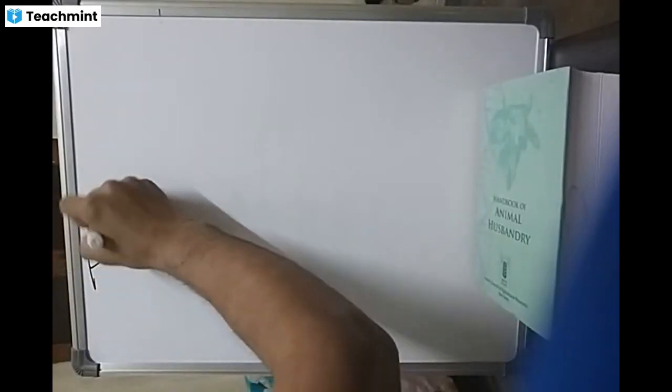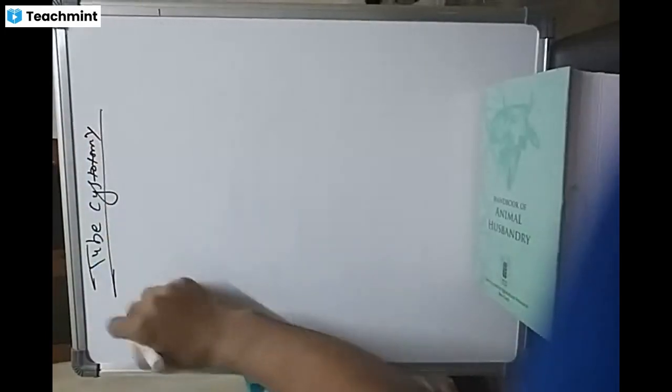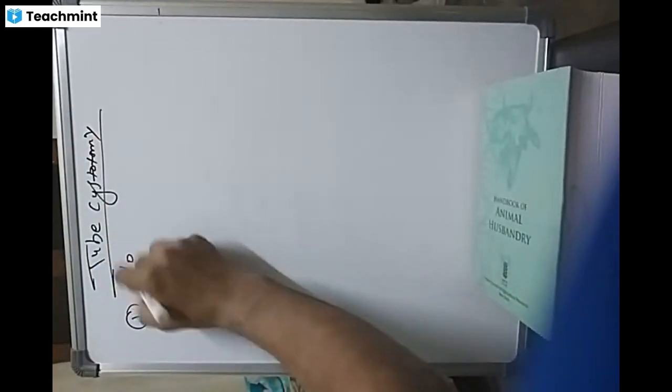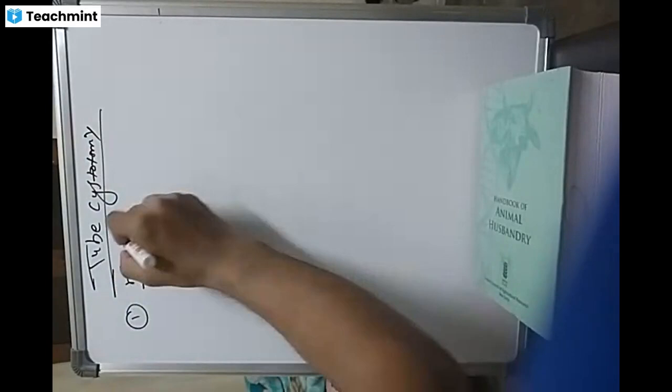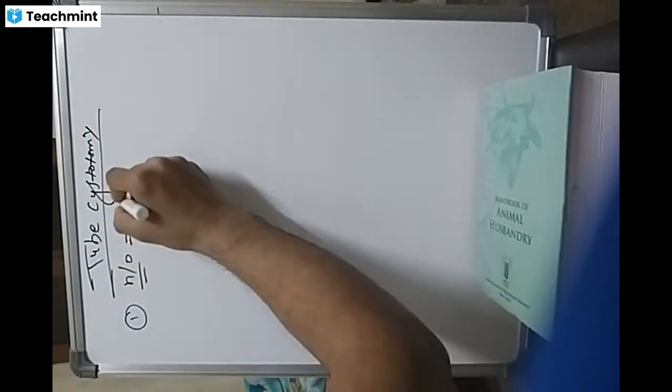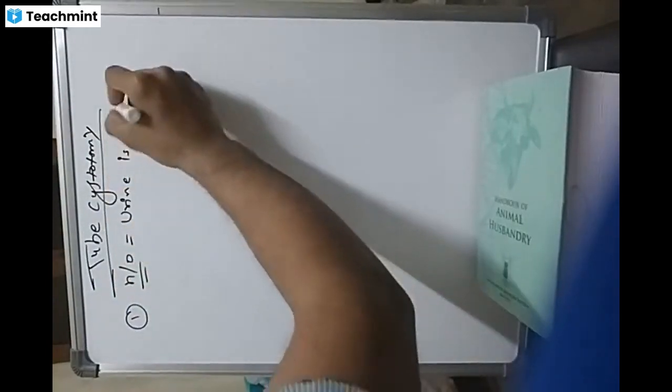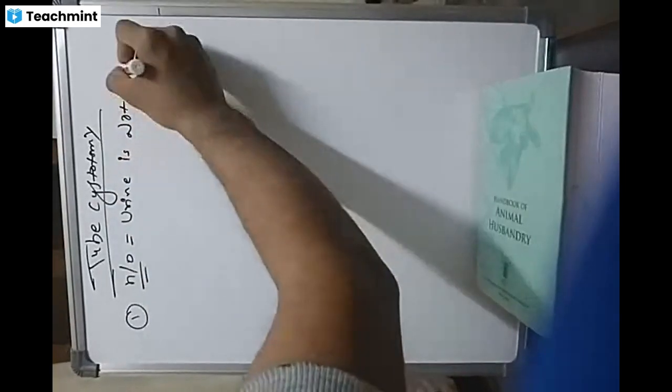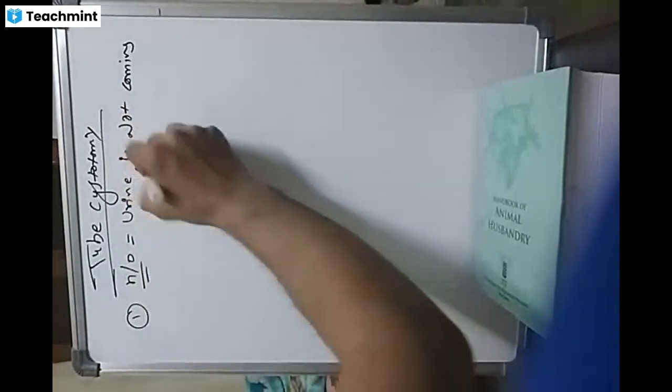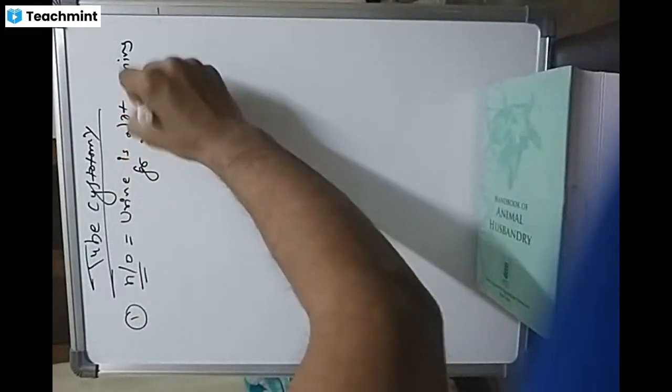If I summarize, first we take the history of the patient: urine is not coming, for 2 days.